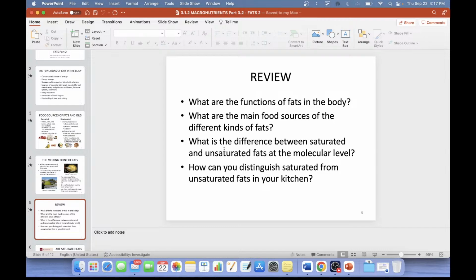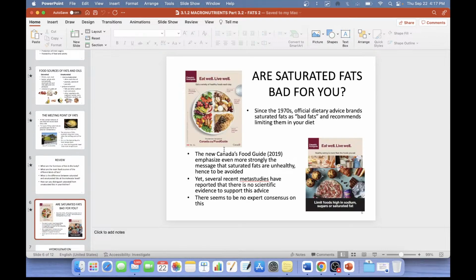So here is something that I've actually already discussed at the beginning of class. Saturated fats are officially labeled as bad fats. That is, fats that are not good for you and that you should reduce and possibly even completely eliminate from your diet.